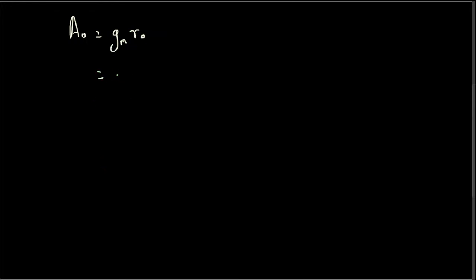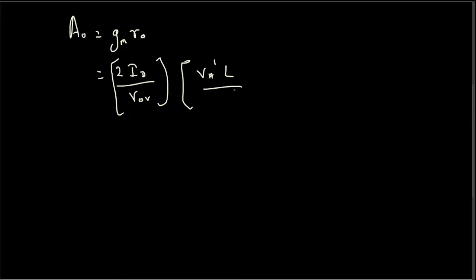And gm is nothing but 2 times I_D divided by V_ov. And the output resistance is nothing but early voltage times the length divided by the current, I_D.